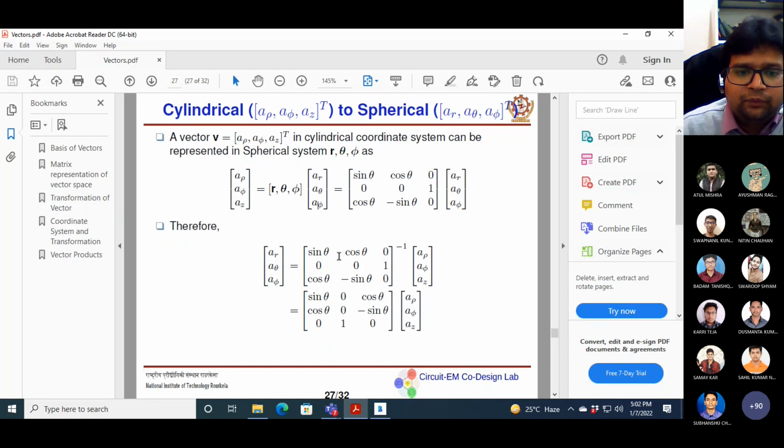From this you can form the inverse relationship, which is the inverse of this matrix. The inverse is nothing but the transpose of this matrix, because it is an orthogonal matrix. By multiplying this rotation matrix, you will get the value of the vector, or the amount of the vector in a particular direction for a particular point.